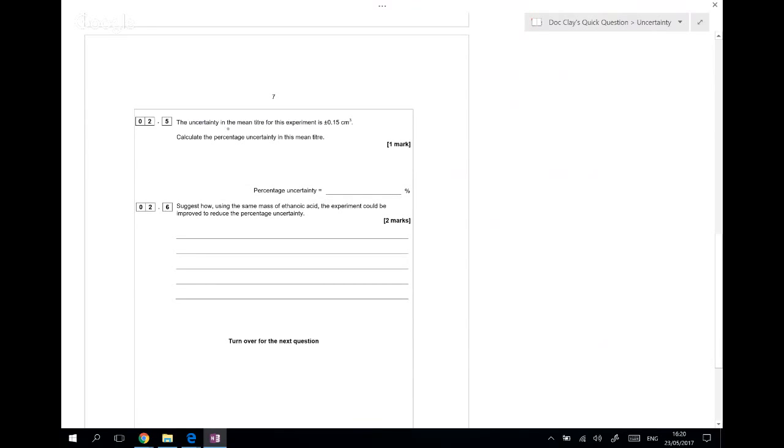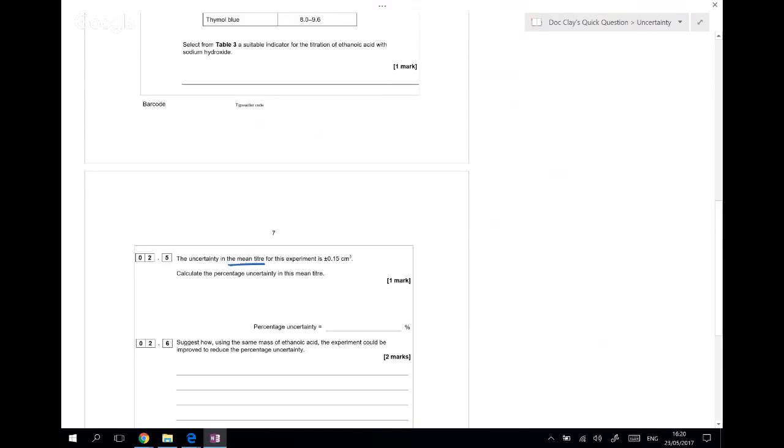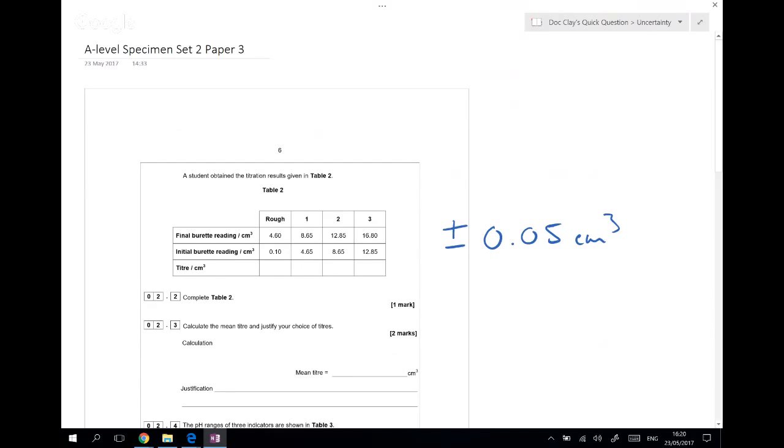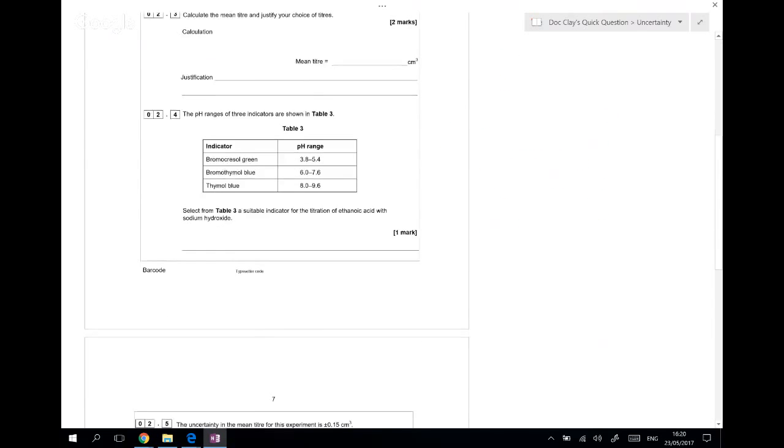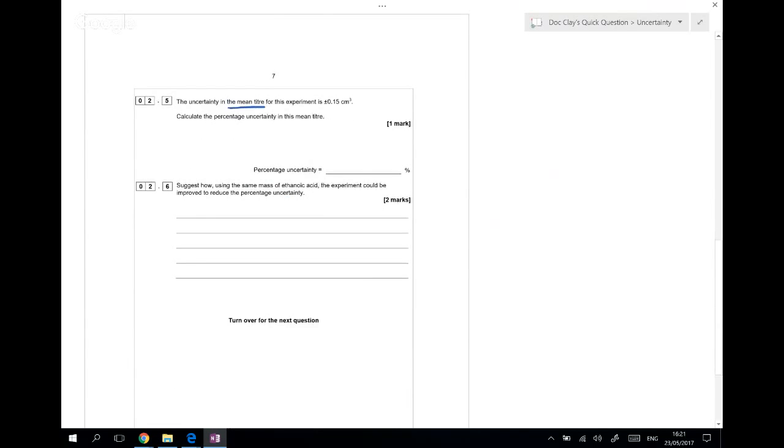So the average titer, in other words, the cumulative effect of all of these errors, plus or minus 0.05 that we saw at the beginning, is 3 times the smallest error. So 3 times 0.05 is equal to 0.15, which we're given in the question, and then we calculate the percentage uncertainty in this mean titer.